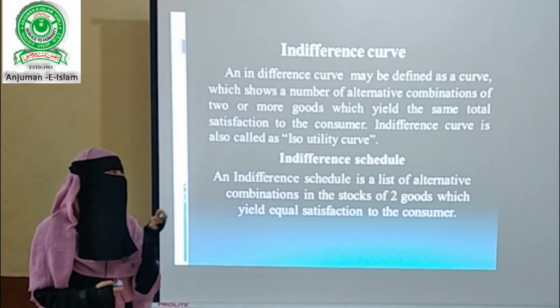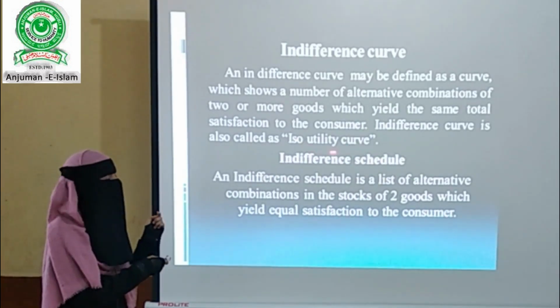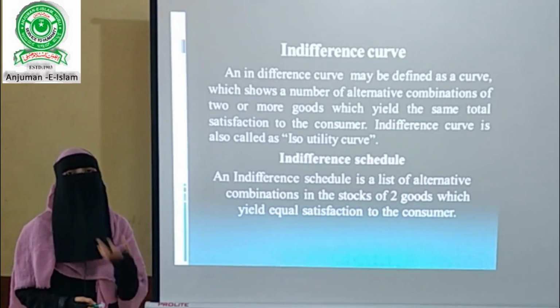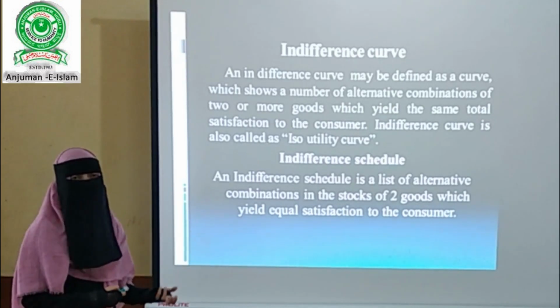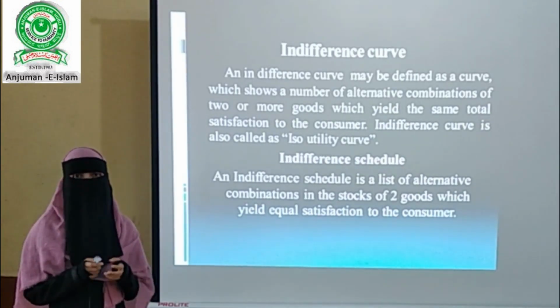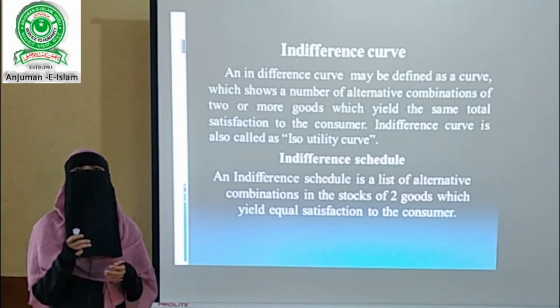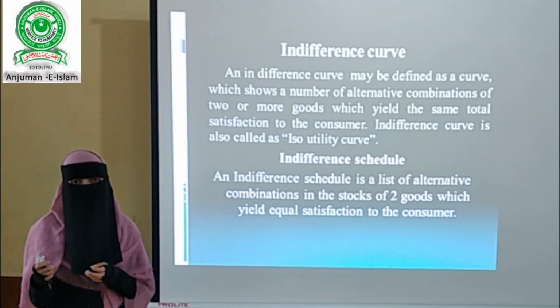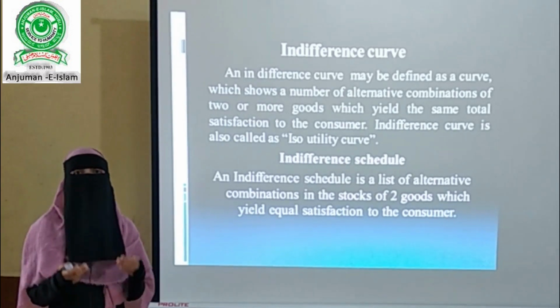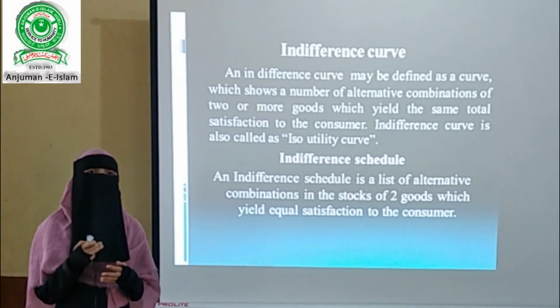Then the next thing they have said here is that it is also called an iso-utility curve. Why is it called an iso-utility curve? Iso means equal and utility means satisfaction in general terms. On that particular indifference curve, at various points, different combinations of two commodities are measured, and those different combinations give the same level of satisfaction to the consumer.